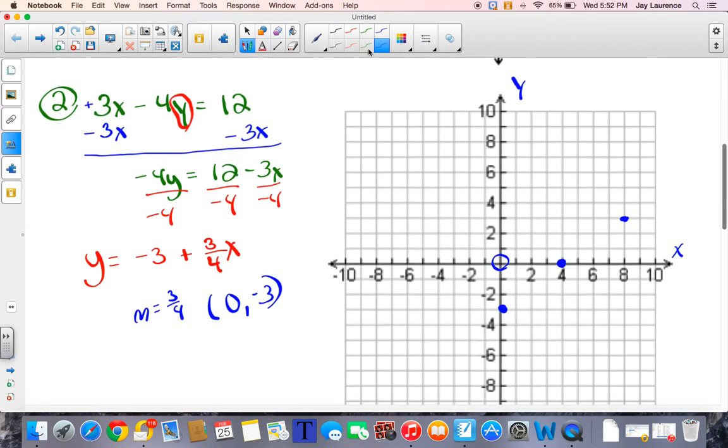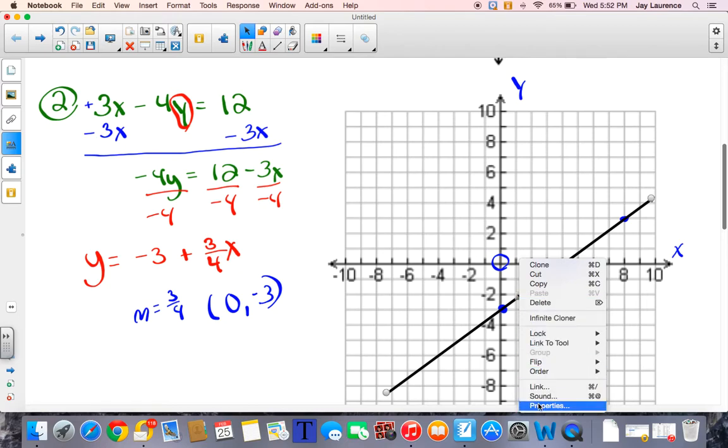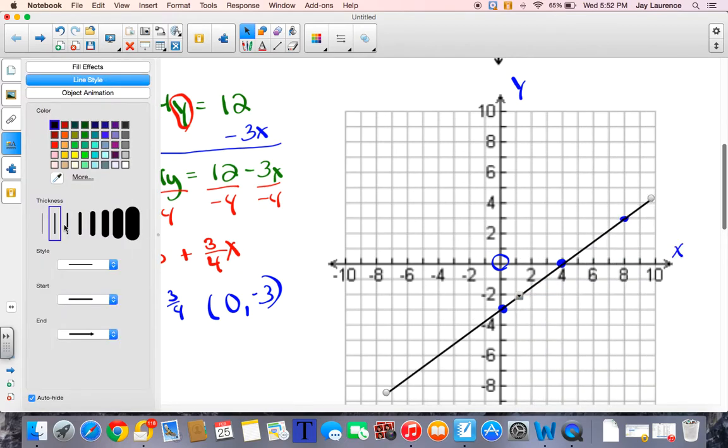If it was a negative slope, I would be going down to the right. All right, so there we go. Get the line a little bit thinner. And there we are.